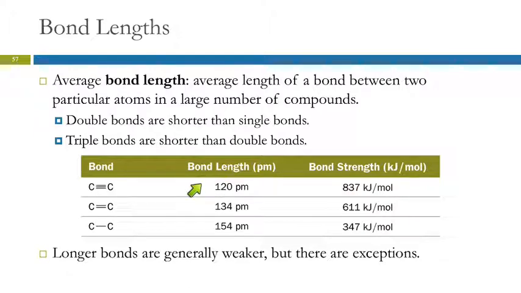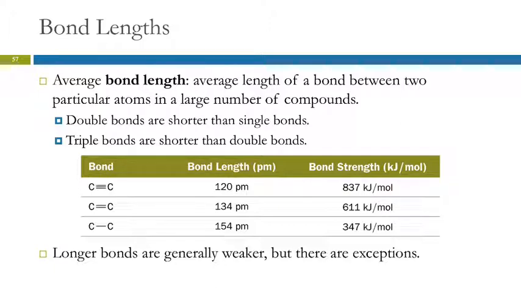And we look at the bond length for carbon bonds. A triple bond's 120. Carbon double bond is 134, and a carbon single bond is 154. And we see that the bond strength, or the bond energy, is highest for this shortest triple bond. So the closer these things are together, the harder it is to break them up.